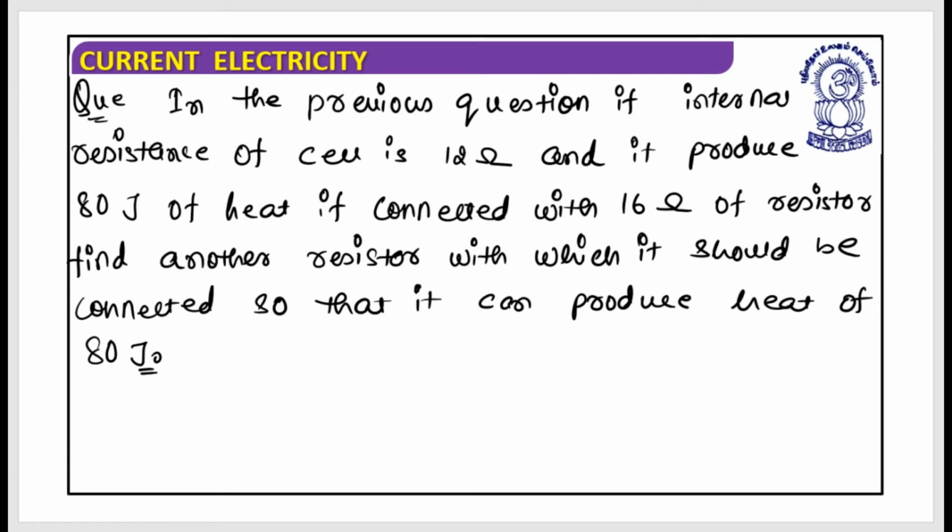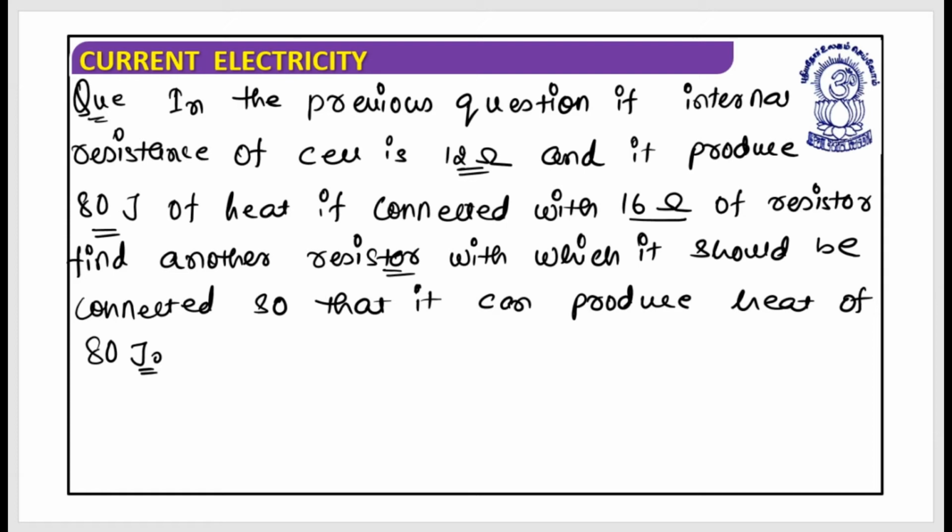Go through the data once. In the previous question, the internal resistance of the cell is 12 ohm and it produces 80 joule of heat if connected with a 16 ohm resistance. Find the other resistance with which it should be connected so that it can produce a heat of 80 joule.